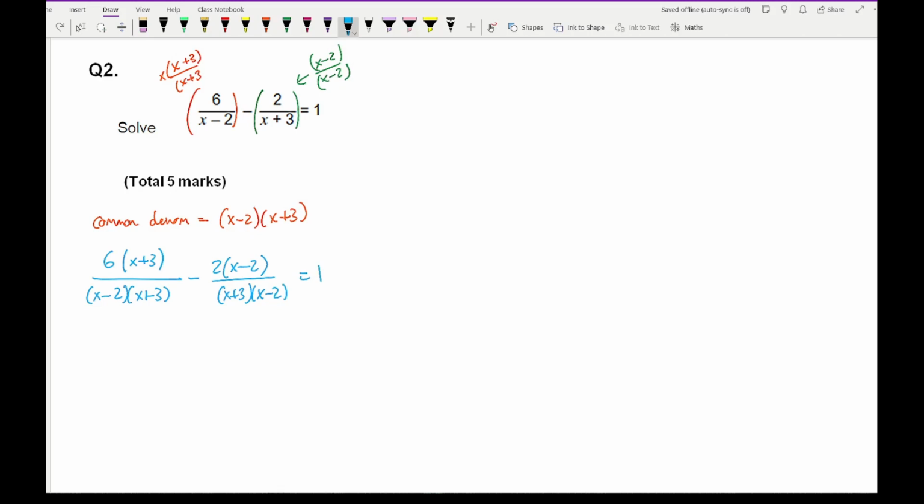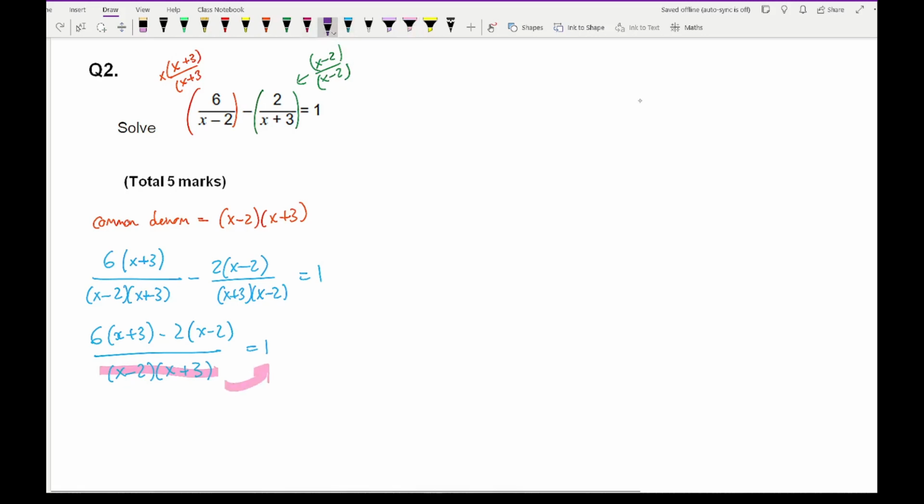So again, now that I have a common denominator, I can then join these 2 fractions up. So I end up with 6 lots of x plus 3 minus 2 lots of x minus 2 all divided by x minus 2 x plus 3, and that again all equals 1. And then what I'm going to do is take this over to the right hand side.